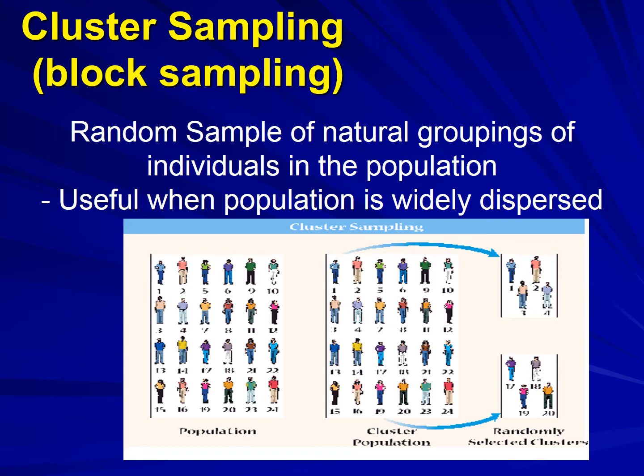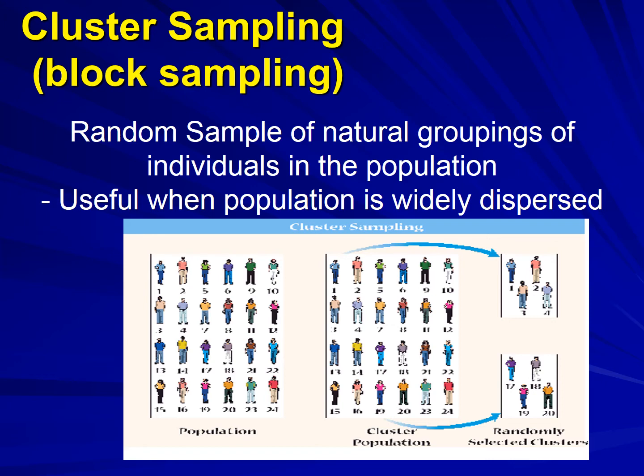Now these clusters may be your villages or your cities or families or industrial areas or your housing society, and these clusters should be homogeneous within and heterogeneous between the clusters. So what is the meaning of homogeneity within the cluster and heterogeneity between the clusters?